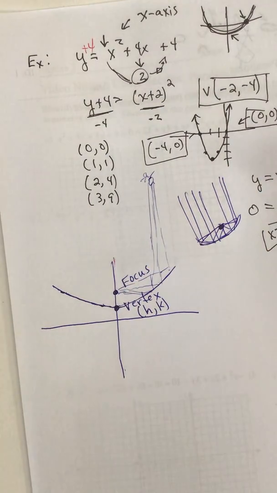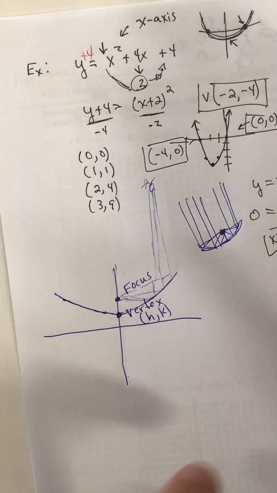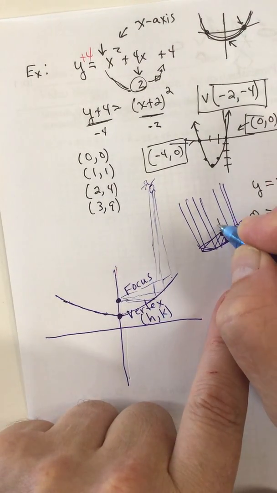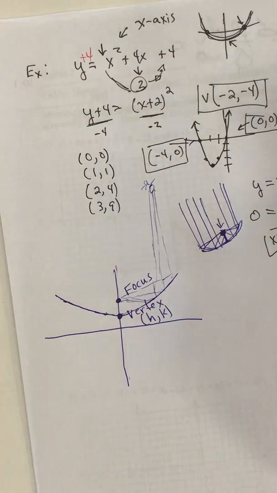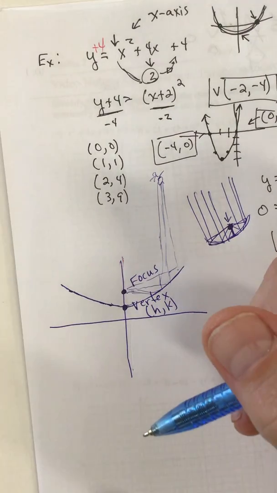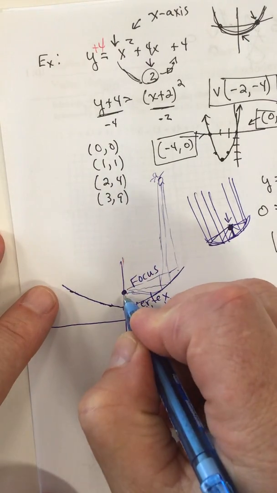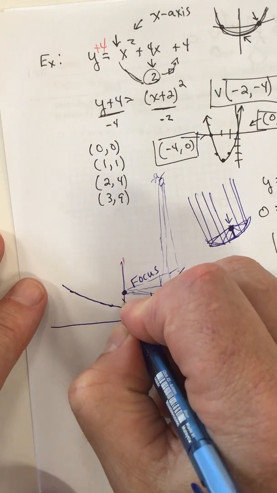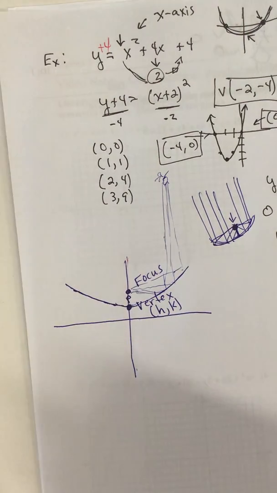You can obviously tell that there's mathematical engineering importance for that point. You got to know where to put the receiver on a satellite dish so that it receives all of the radio waves. Okay, so we have a focus point that we're going to be asked to find. However far the distance from the vertex to that focus point is represented by the letter p. That's a lowercase p.